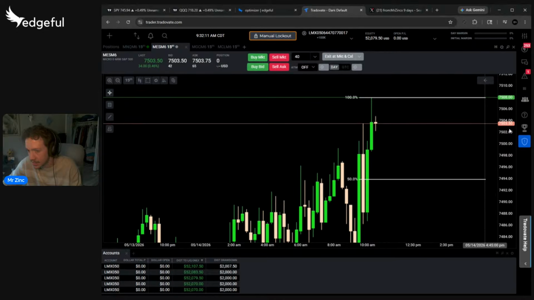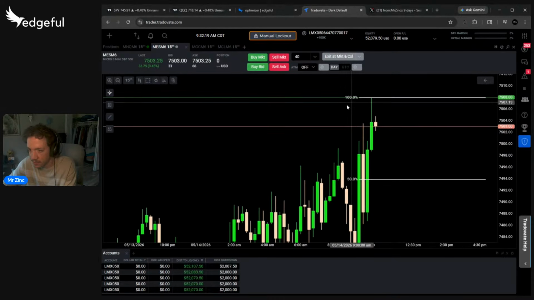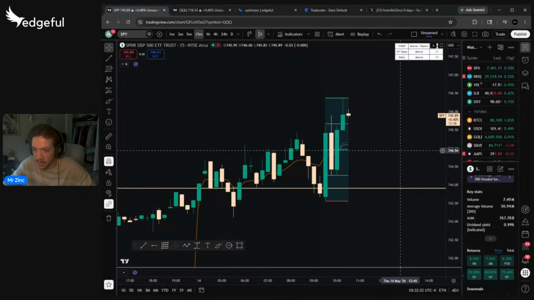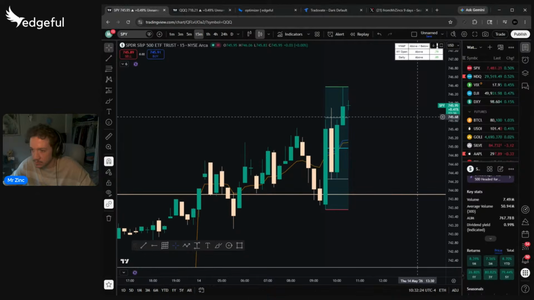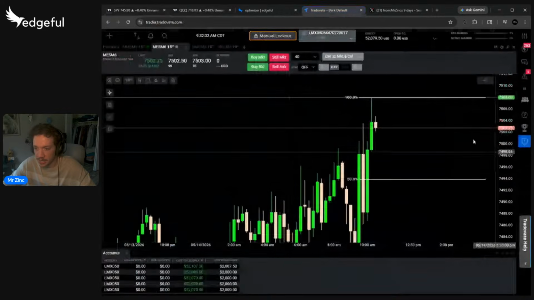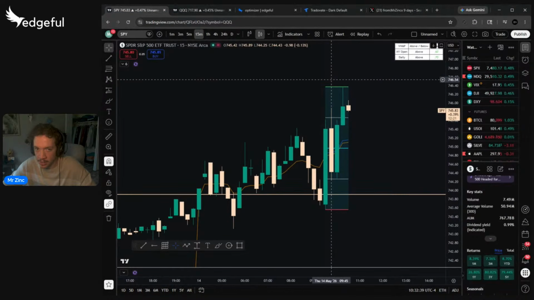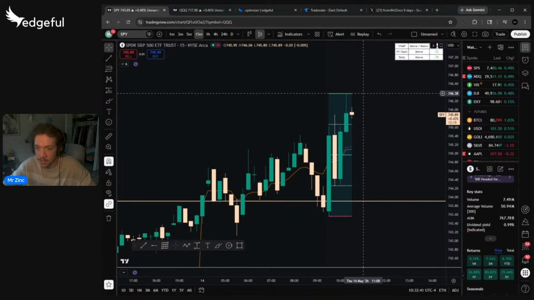It's moving one tick every couple of seconds. 7503.75, 7503.3, 7503.5. ES is moving 8 to 20 cents over that time. Again, they're the same asset, by the way. For ES to move up or down, SPY needs to move 8 cents. Very rarely will this happen, but it does happen.